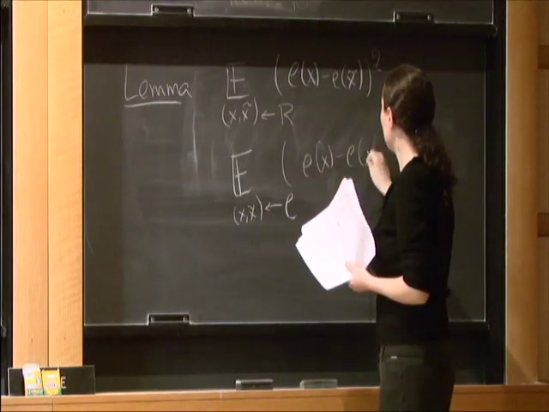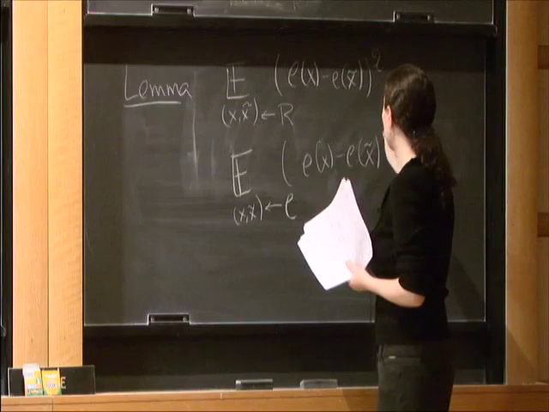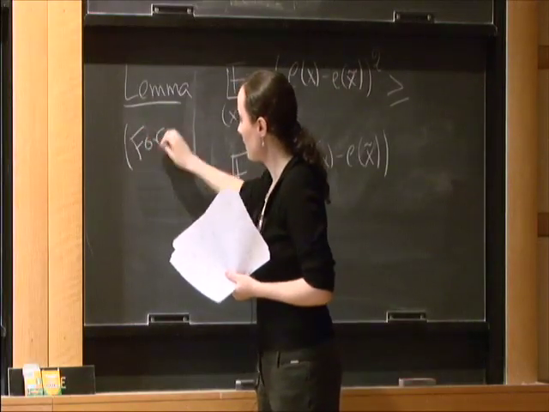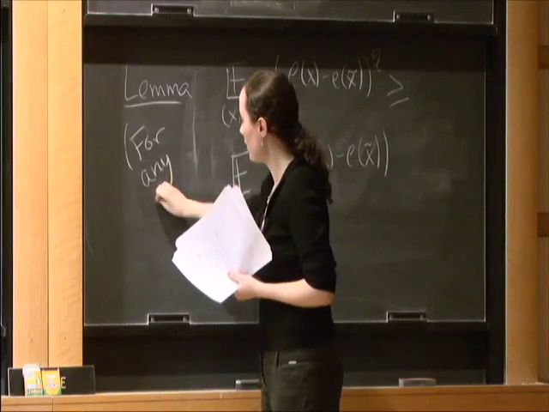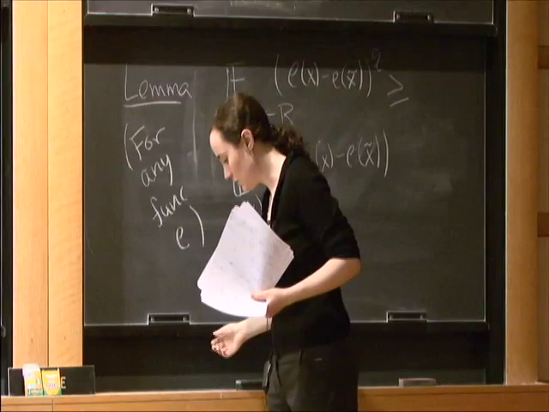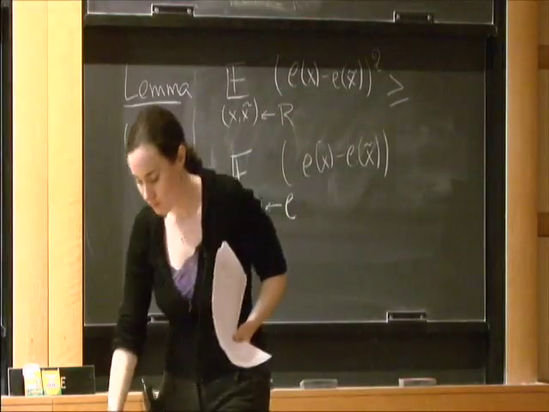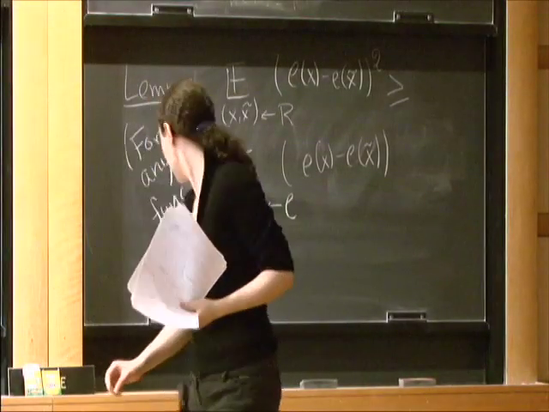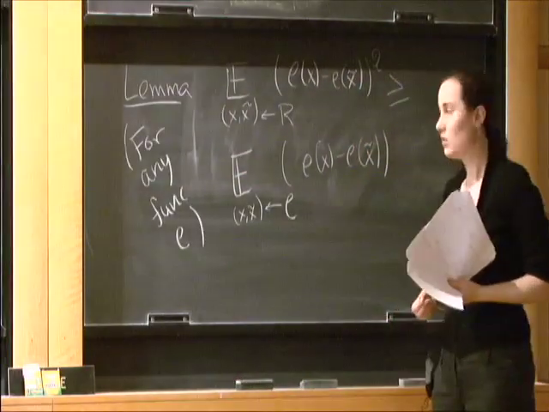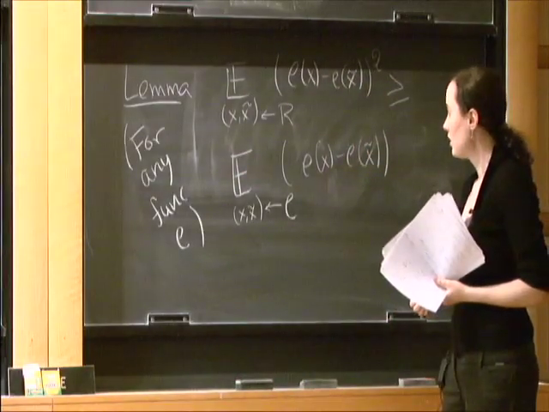That's true for any function? This is true for any function E, not necessarily orthogonal to linear. So the examples here should be the functions that are farthest away from a dictator.